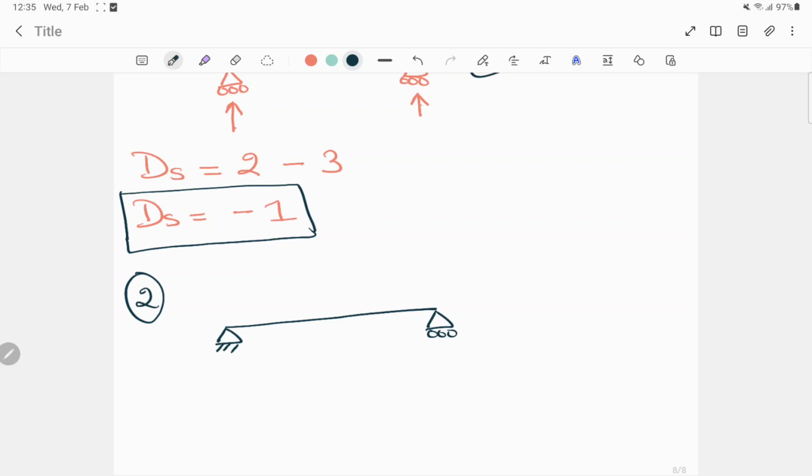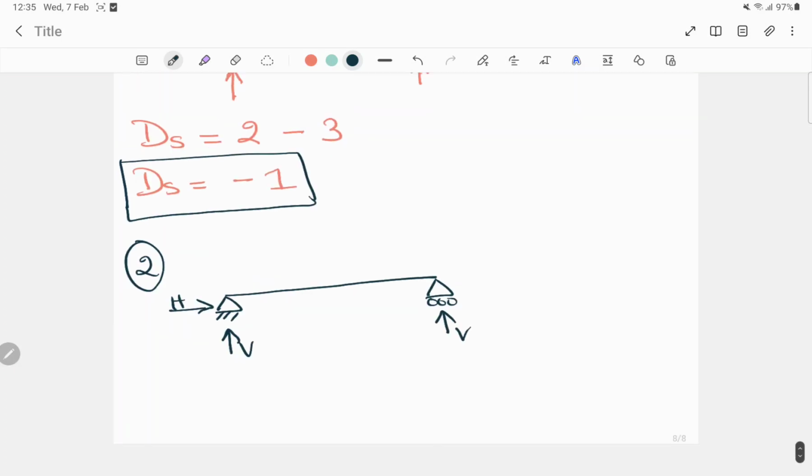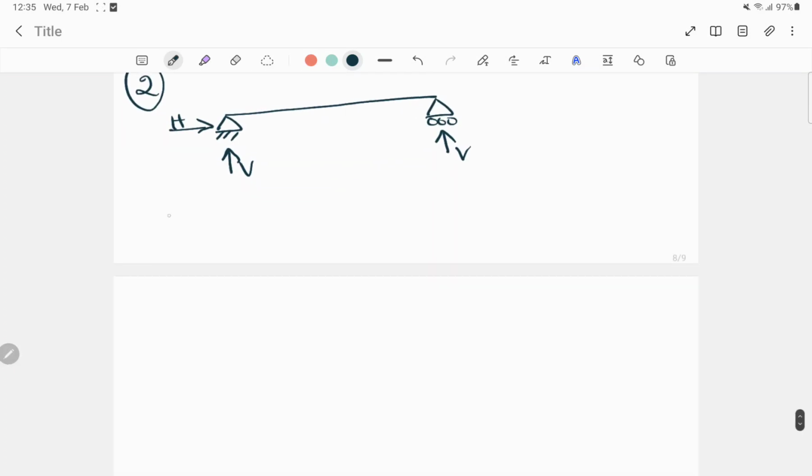The number of unknown reactions for a hinge support is 2, one vertical and the other horizontal, and for the roller support it's vertical. So ds is equal to the total number of unknown reactions, 1, 2 and 3, so 3, minus the total number of equations of equilibrium, 3.